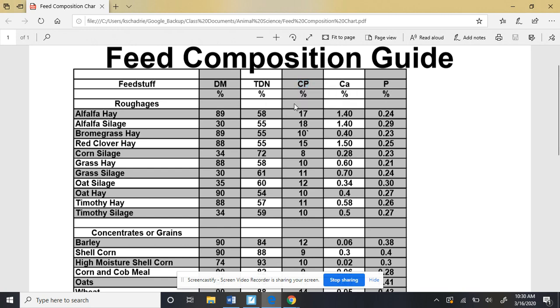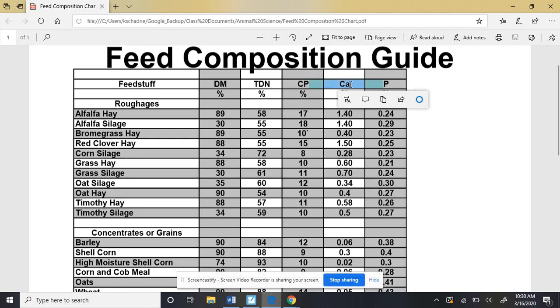So that's our overall protein value. If we look at something like brome grass hay, that's 10% protein. That means that if I fed an animal 100 pounds of brome grass hay, 10 pounds of what I gave them would just be protein nutrient for building tissues, helping with reproduction, creating milk, etc.